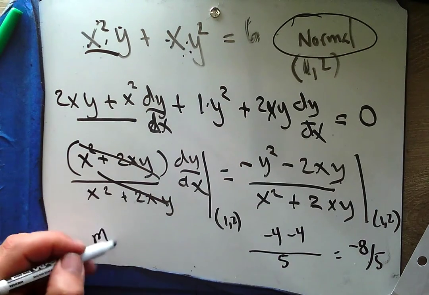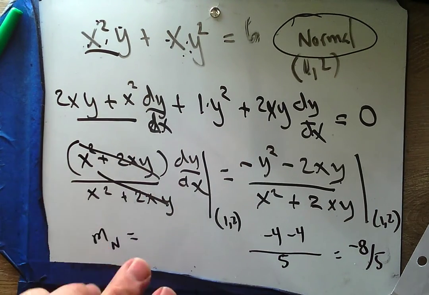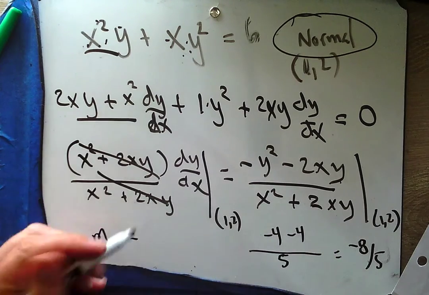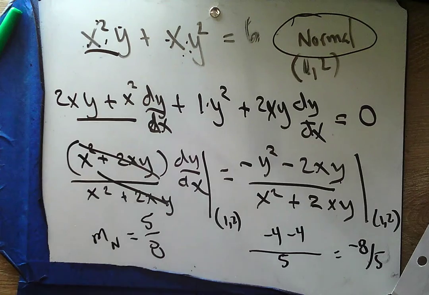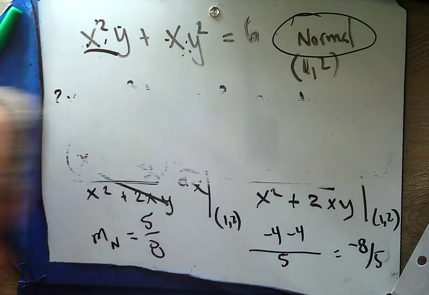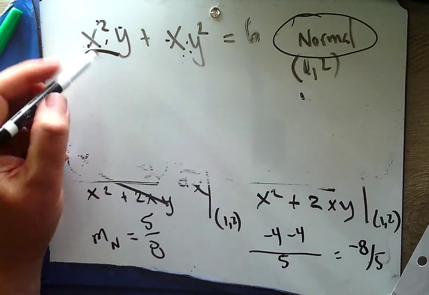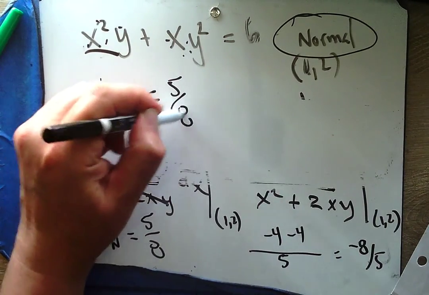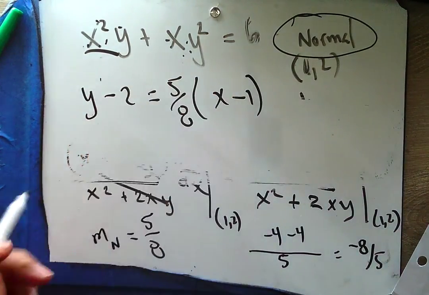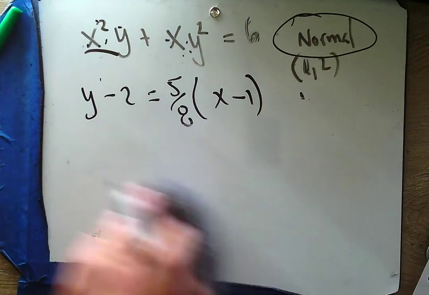So the slope of our normal will be opposite, change that sign, reciprocal, 5/8. Okay, so let's write that equation. We know the equation of the normal would be y minus 2 equals 5/8 times x minus 1. Done.